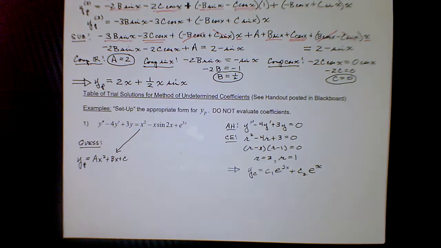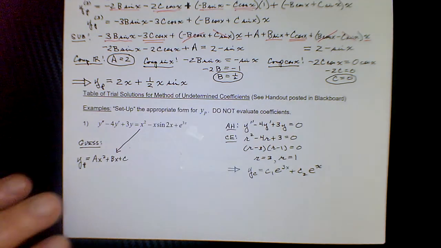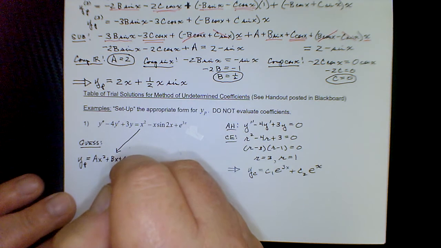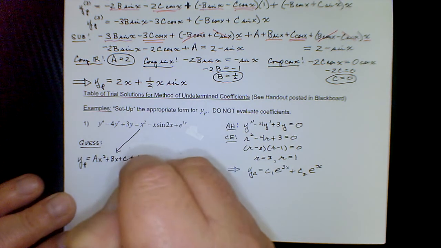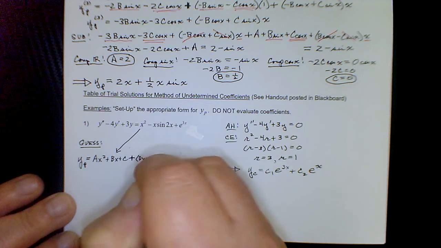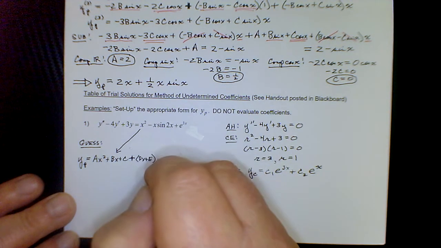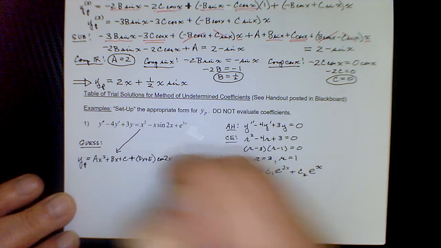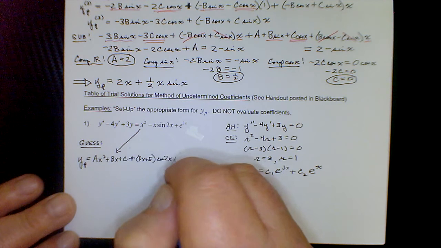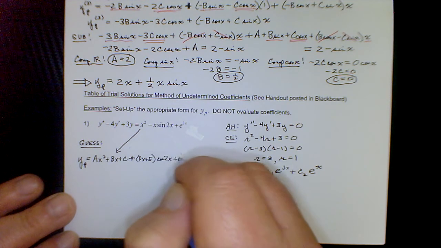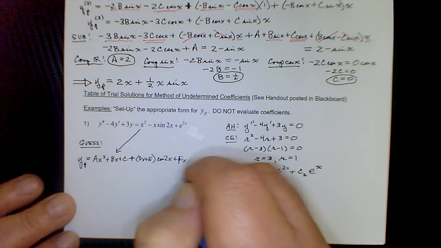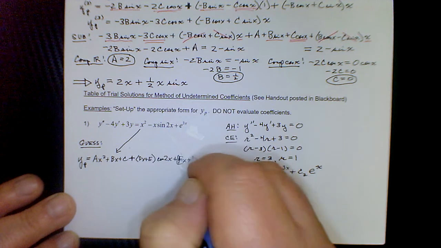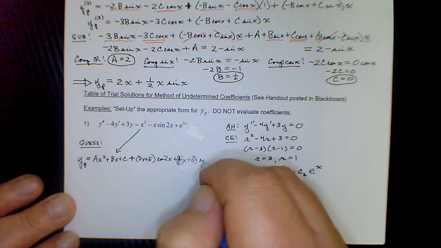Now, since we left off with the c here, I'm going to call it plus dx plus e times cosine 2x, and then plus fx plus g times the sine of 2x.